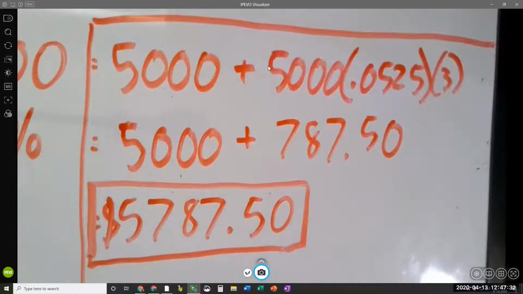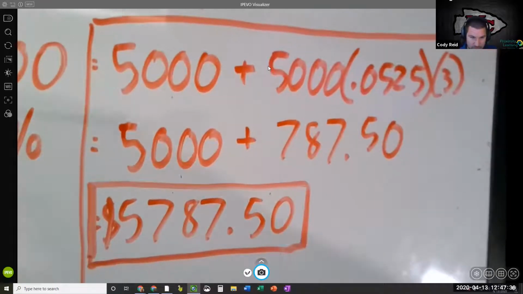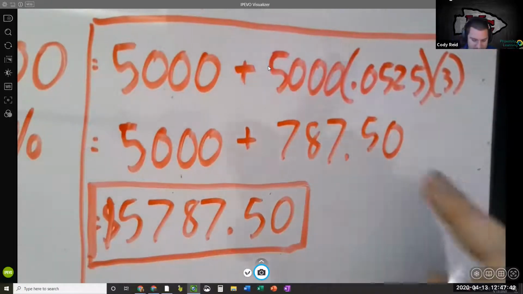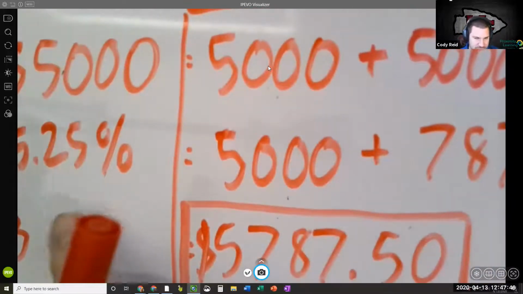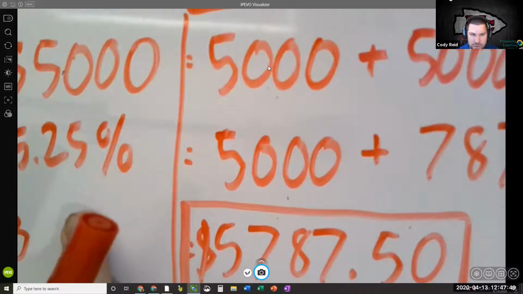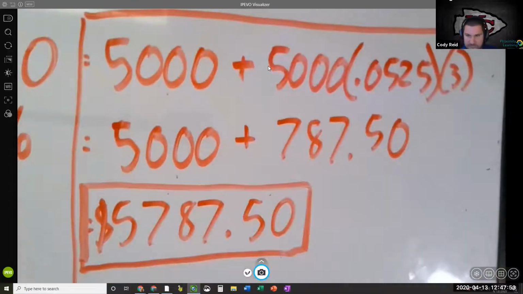But what I was doing is showing you, if your calculator freaked out and you were curious about something, you won't be able to divide by the percent on paper, so you've got to convert it to a decimal.